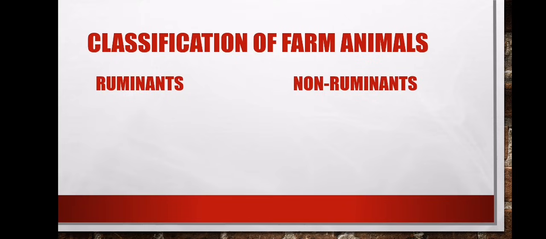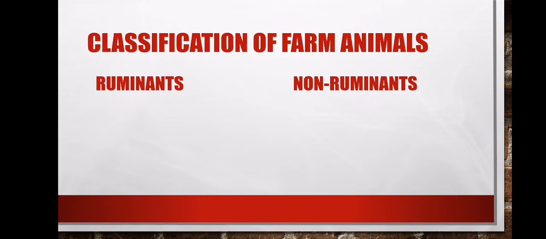What I want you to take note of in this part is that when we look at the classification of farm animals, the key part in understanding this concept is that you must focus on the stomach of the farm animal.